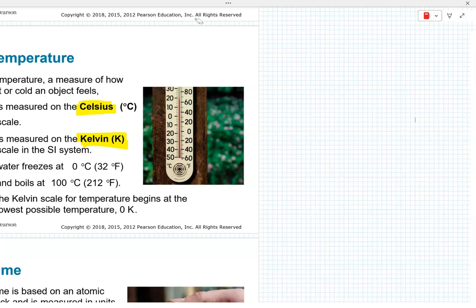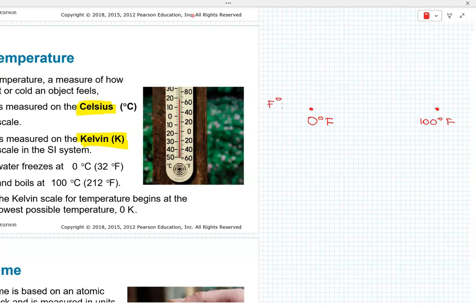At what temperature does water freeze in Fahrenheit? 0 Fahrenheit? Is it cold? Yeah, it's pretty cold. At what temperature does water boil in Fahrenheit? 212, but 100 Fahrenheit, is it hot?